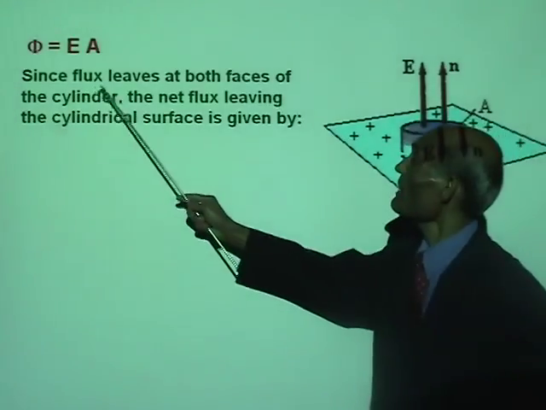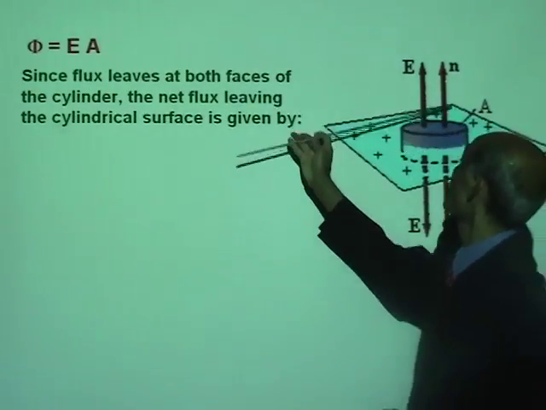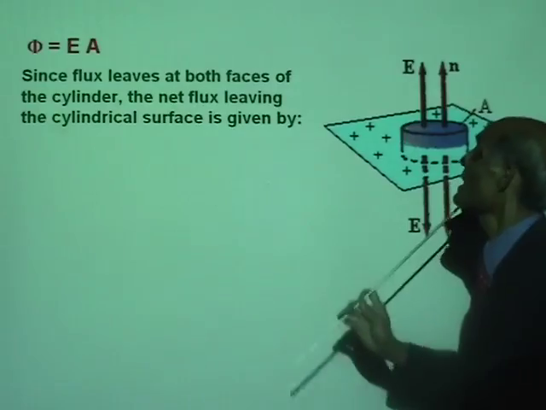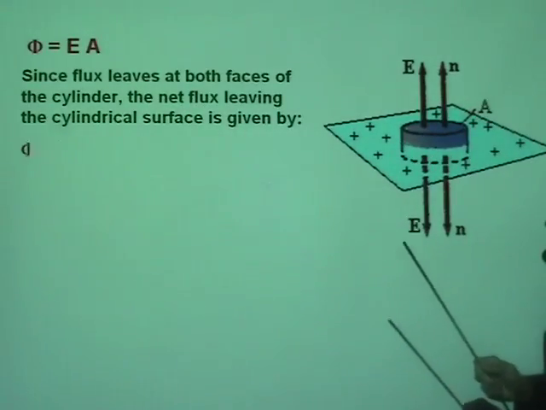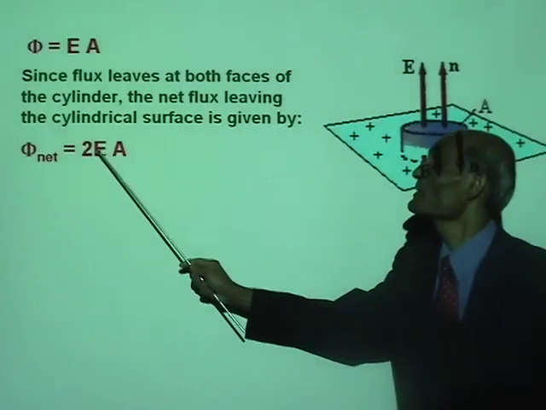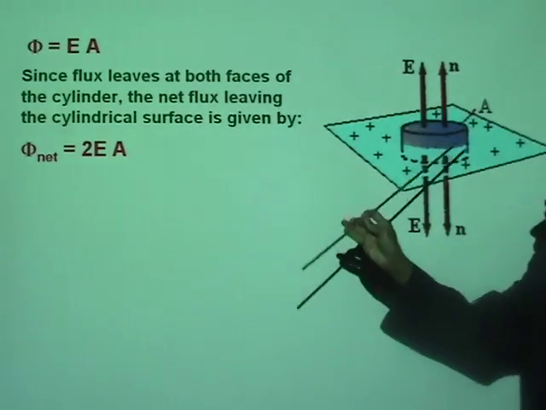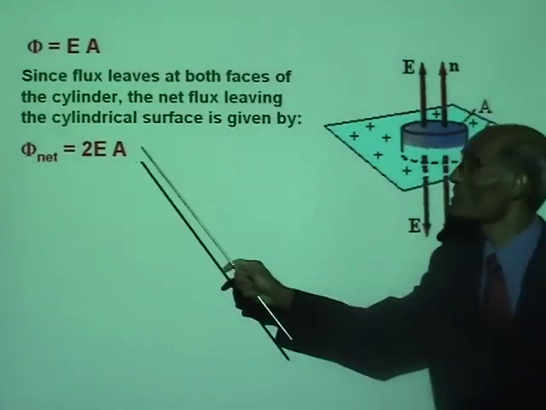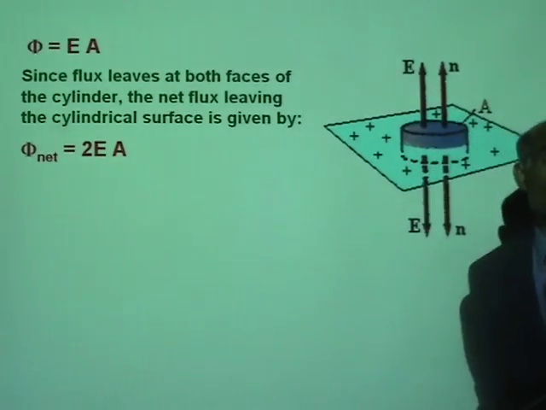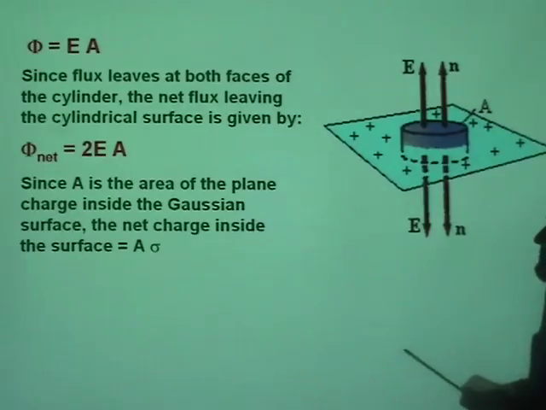Alright. Since the flux leaves at both surfaces, upward and downward, the net flux leaving the cylindrical surface is given by phi net equal to 2EA. And EA upwards, the same quantity downwards, the total flux leaving is 2 times EA.